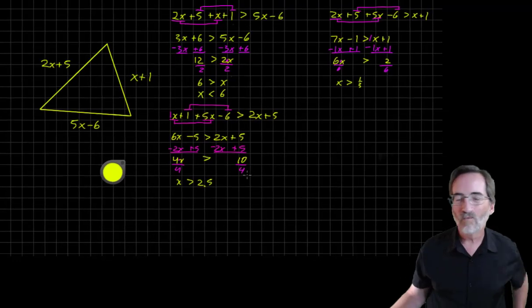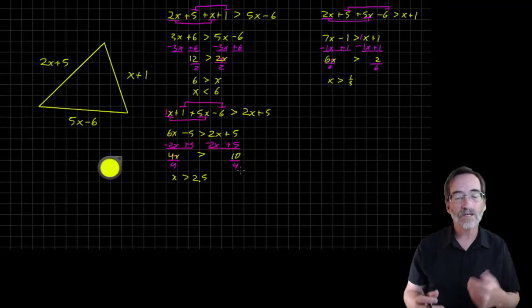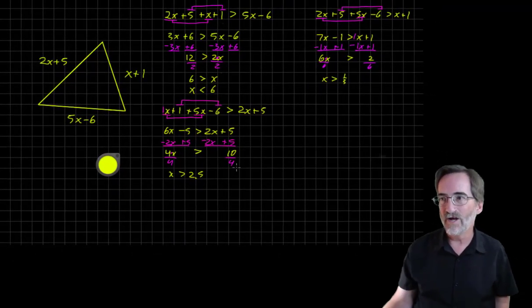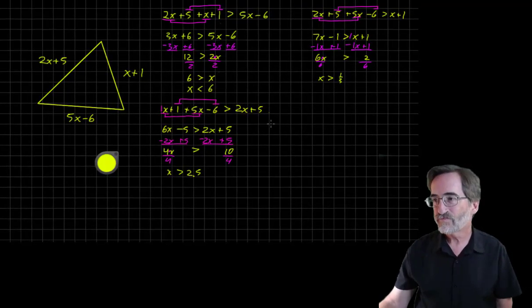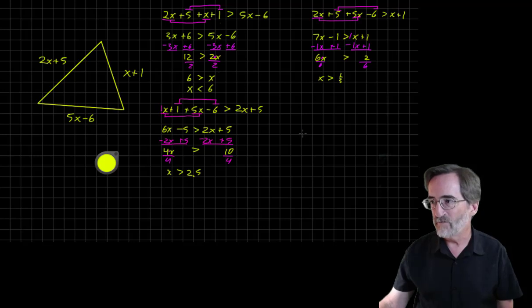Okay, now what does all this mean? We have 3 inequalities, 3 expressions for x. What values can x take that would satisfy all 3? Well, what I'm going to do is make a number line. So I'm going to make a number line starting at 0 and going up to 6.